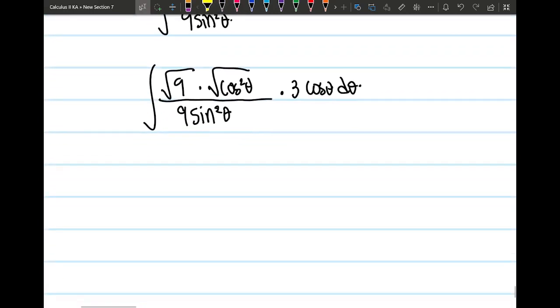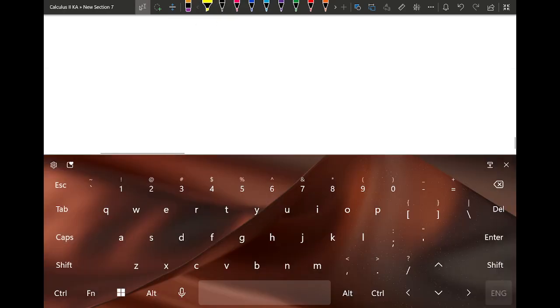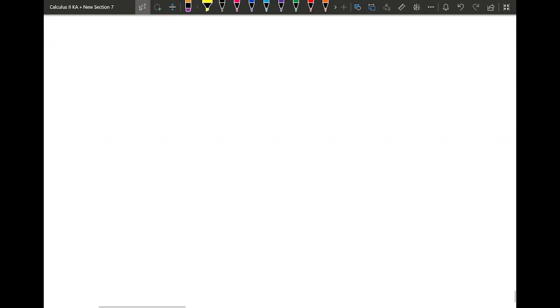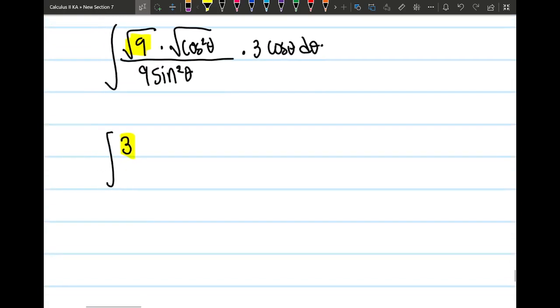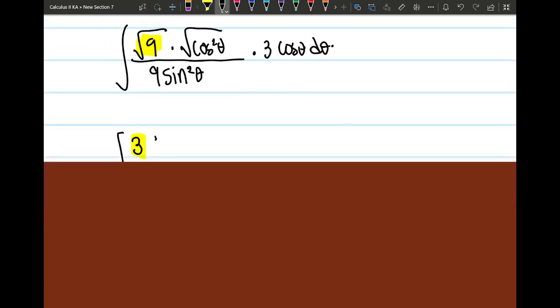Sorry, I keep making that mistake, guys. And so we know that the square root of 9 is 3, so this just becomes 3, and then the square root of cosine squared theta, well, we know that it's going to be the absolute value, but we don't really need that in this case. At least I don't think so. So we're just going to put it as cosine.